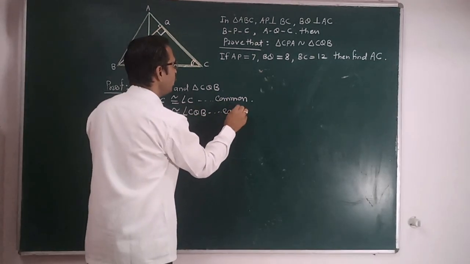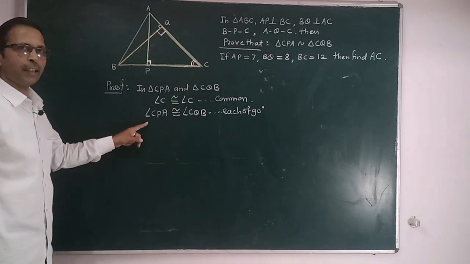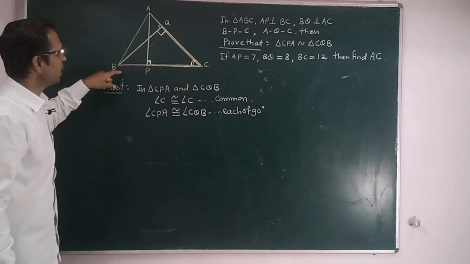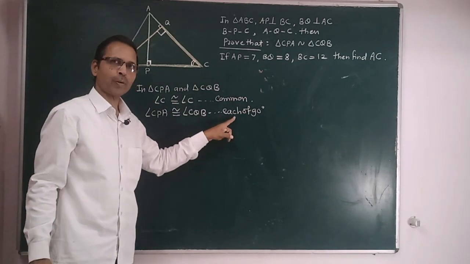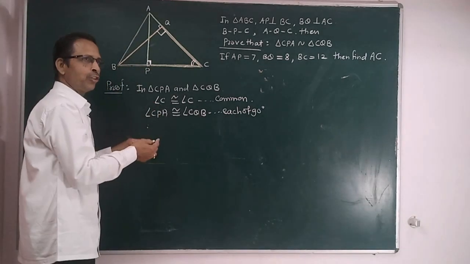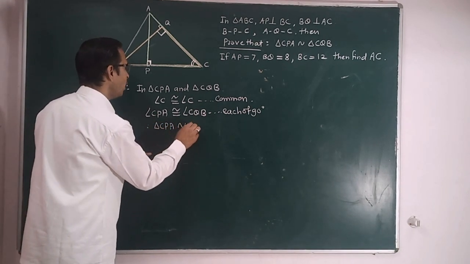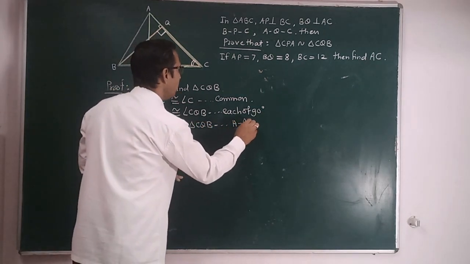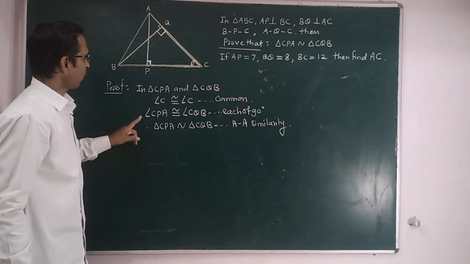Because each is 90 degrees, since we are given the sides are perpendicular: AP is perpendicular to BC and BQ is perpendicular to AC. By these two statements we conclude that triangle CPA is similar to triangle CQB by the AA similarity test.